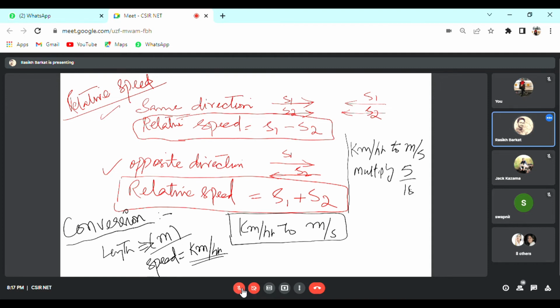If you are converting meter per second to kilometer per hour, then you have to multiply it by 18/5. So these three concepts are there. If you are done with these three concepts, then you will solve the problems. Clear?